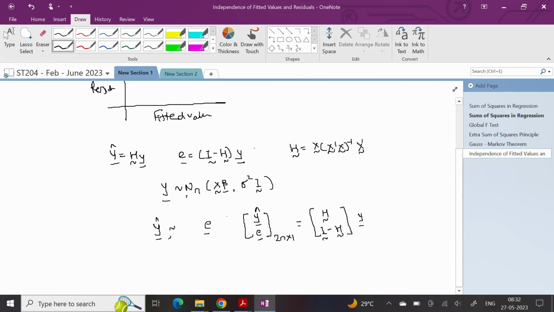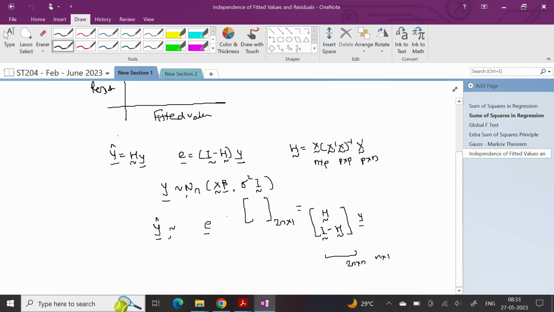What is the order of my H matrix? X is n cross p, X prime X inverse is p cross p, and X prime is p cross n. So H is n cross n. This is also n cross n. So overall the total matrix is of order 2n cross n. y is n cross 1, and hence I get a vector of order 2n cross 1.